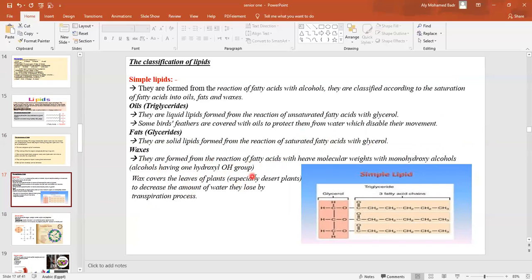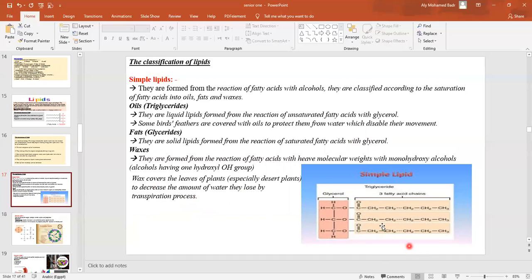Wax covers the leaves of plants, especially desert plants, to decrease the amount of water they lose by transpiration.